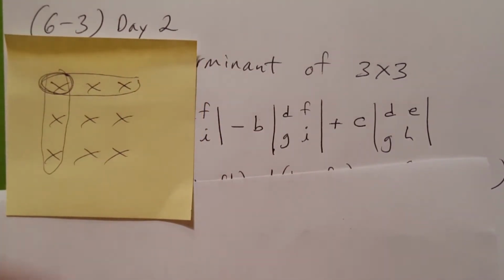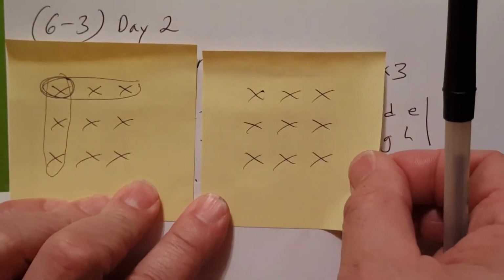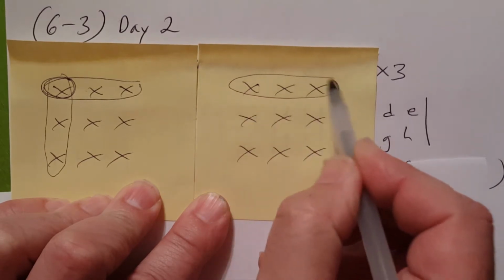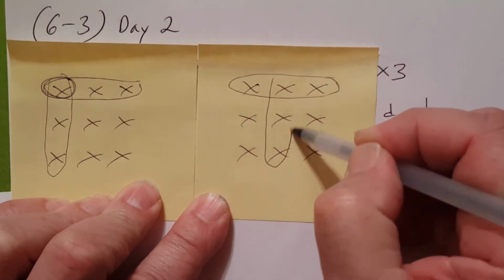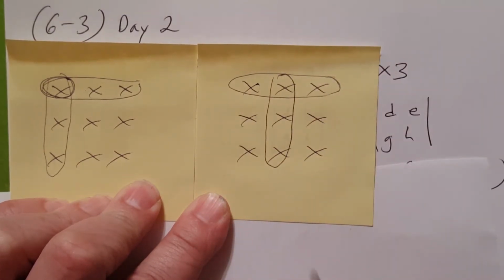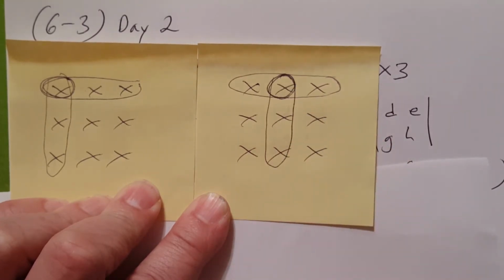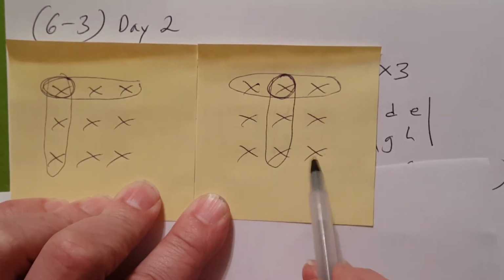Then, if we do the same thing, but with the top row and the middle column, then what you have is this number double circled, and then the outside numbers form a 2x2. See that?